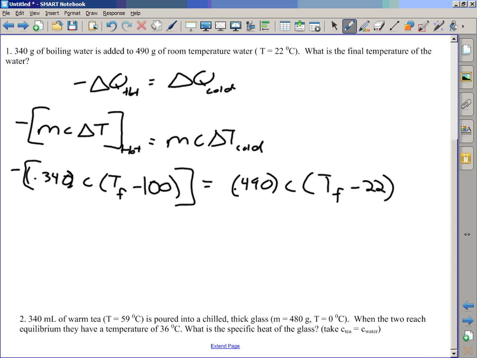Now, those two T finals are the same. Why? Good. They're together in the same container, and they're reaching equilibrium. That means they reach the same final temperature. So that's the same, and now divide by C, and C's canceled.